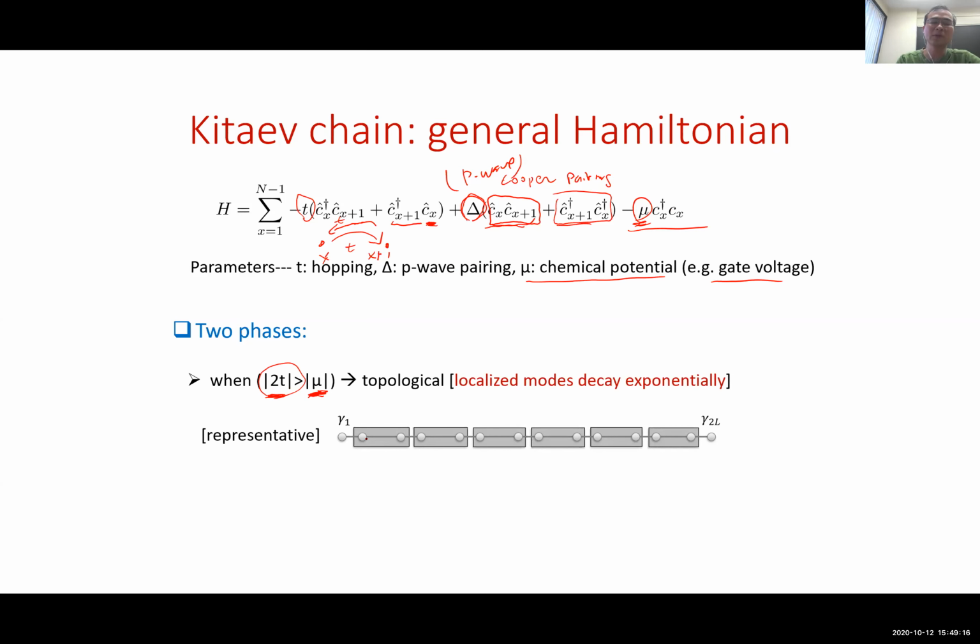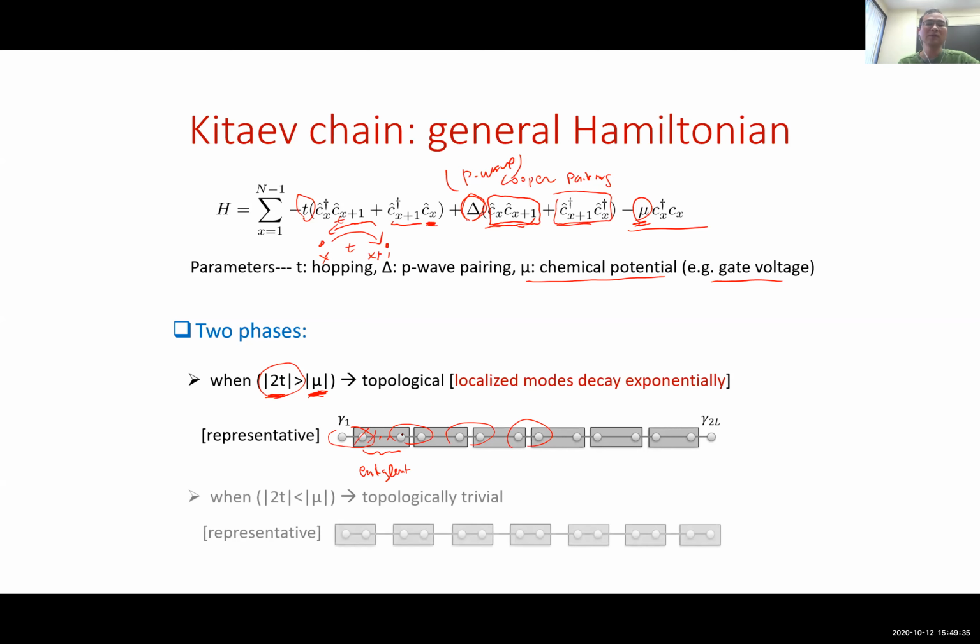That's represented by the pairing among, maybe I call this entanglement between neighboring sites. So they are entangled, indicated by this shaded box, okay? But the other regime is trivial, and that is represented by this, on-site gamma, okay?